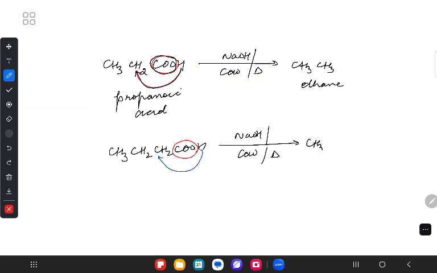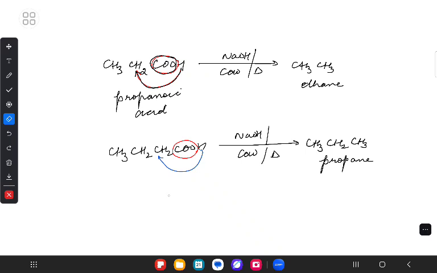So you're going to have CH3, CH2, CH3. Got the point. So that is decarboxylation.